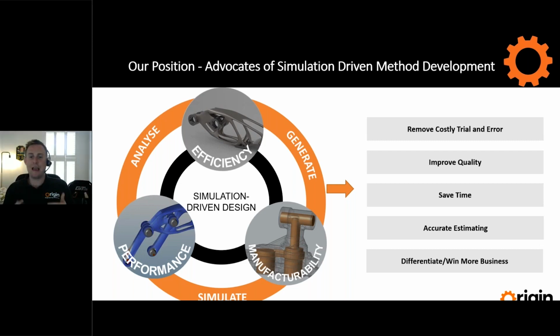If we're able to go to them and show that we've simulated how that part is going to be produced, we've simulated what our casting method is going to be, and we've validated the fact that we expect that part to be produced free of defects, we think that company is a lot more likely to win that work than someone that hasn't used simulation. So I think for me, simulation isn't just a validation tool, it's also a communication tool, and it can be used as a way to win more work.